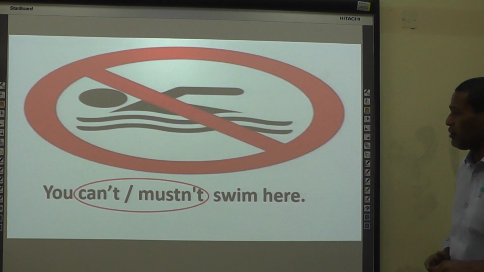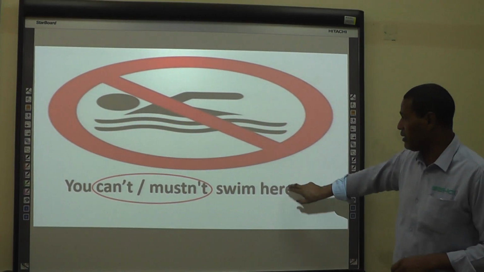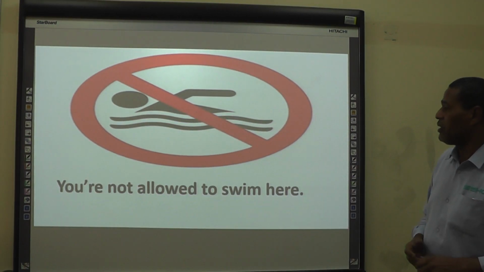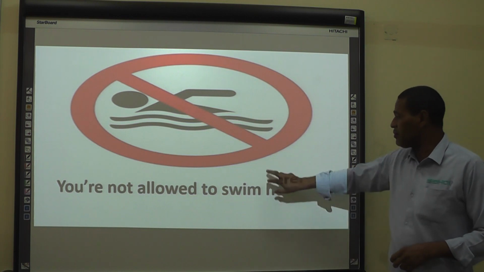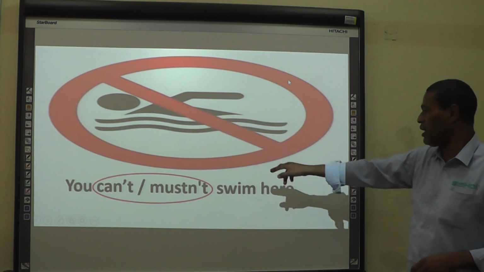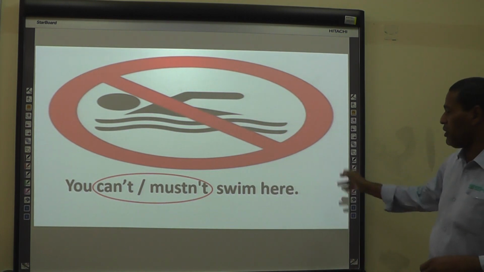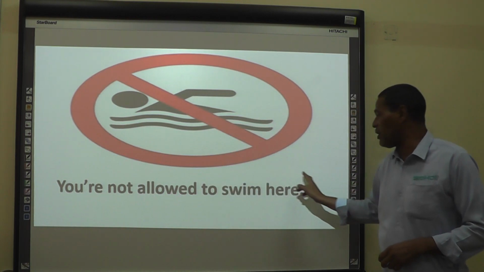Another example: you can't swim here, or you mustn't swim here. Another one: you are not allowed to swim here. If you compare this one, you can't swim here, and you mustn't swim here, with this, you are not allowed to swim here.